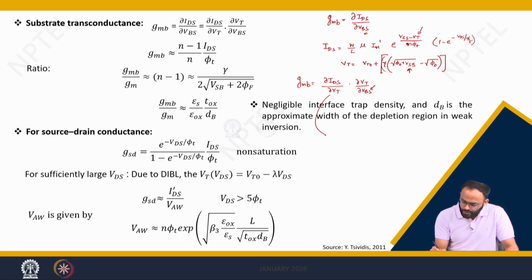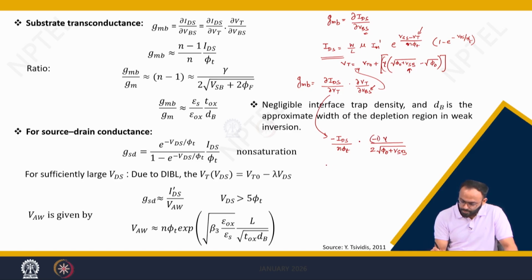Now, if I differentiate this equation with respect to Vt, I will get IDS divided by n into phi t, and because we are differentiating with respect to minus Vt, you will get a minus term, into, when you differentiate this with respect to VBS, gamma divided by 2 times the square root of phi naught plus VSB, and as I said, you are differentiating with respect to VBS, so you will get -1.